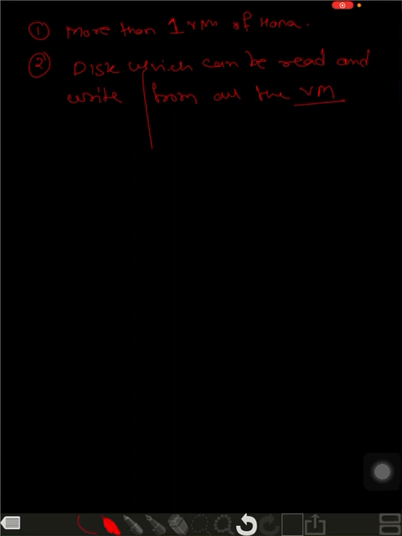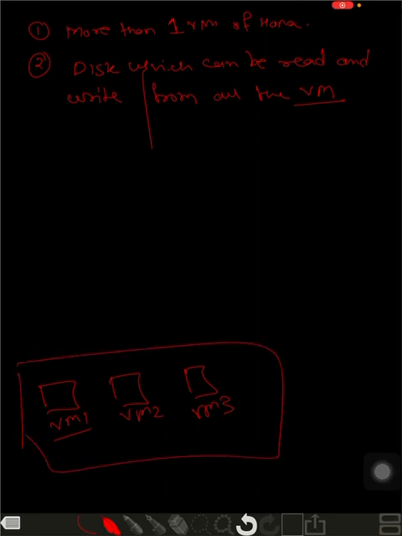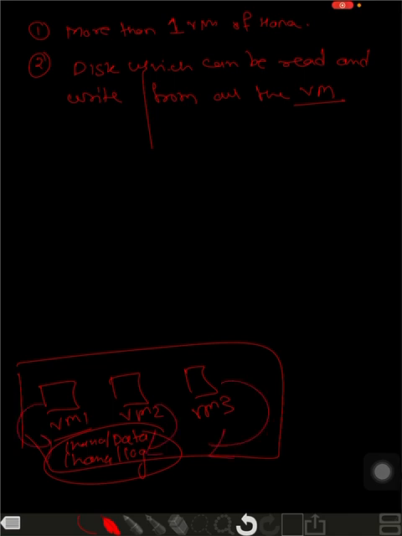Meaning if you have VM1, VM2, VM3, which make a HANA scale out system, you should have /hana/data and /hana/log disks accessible from VM1, VM2 and VM3. This is another requirement.